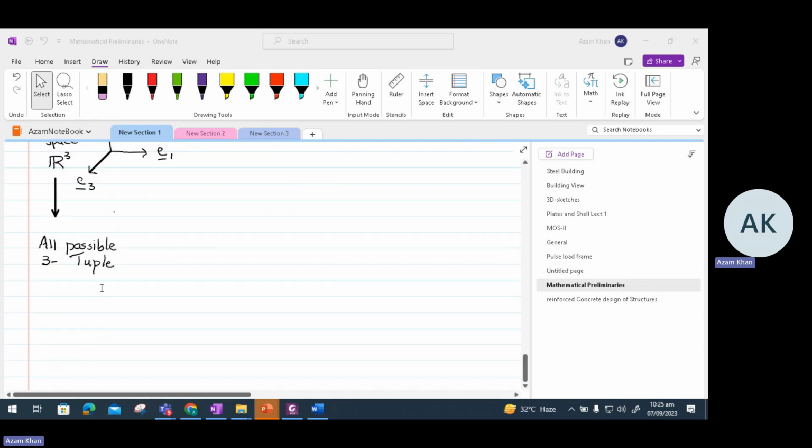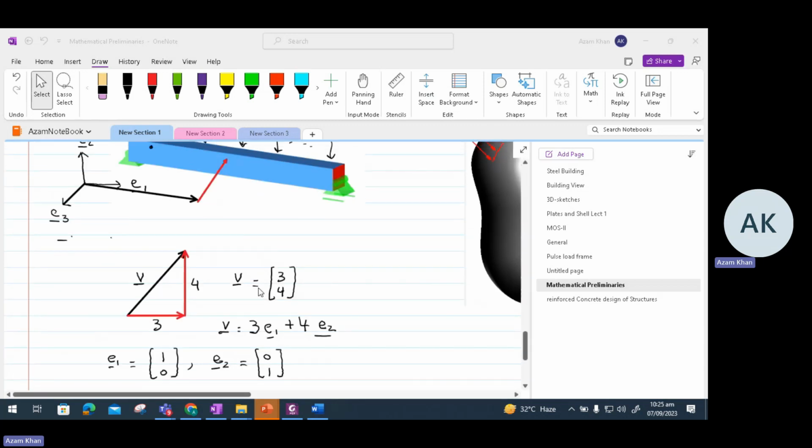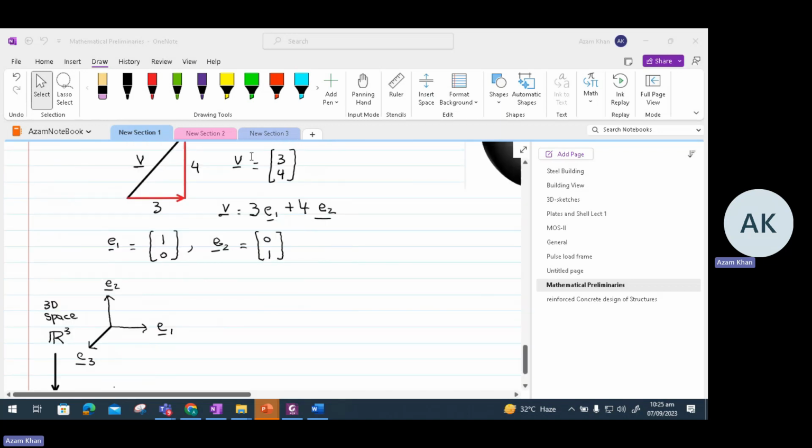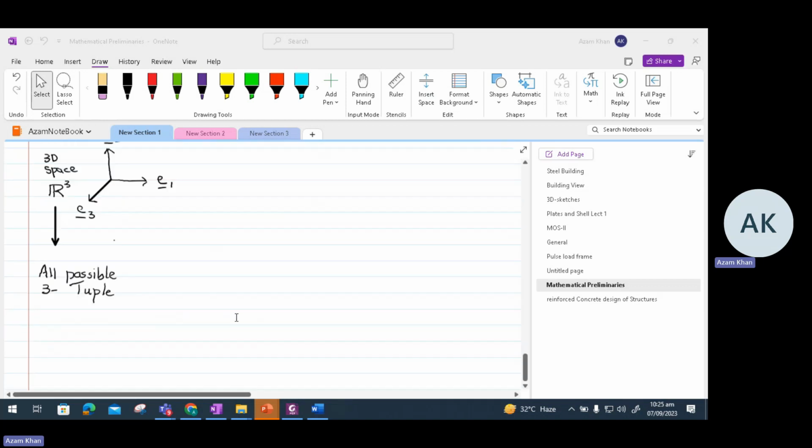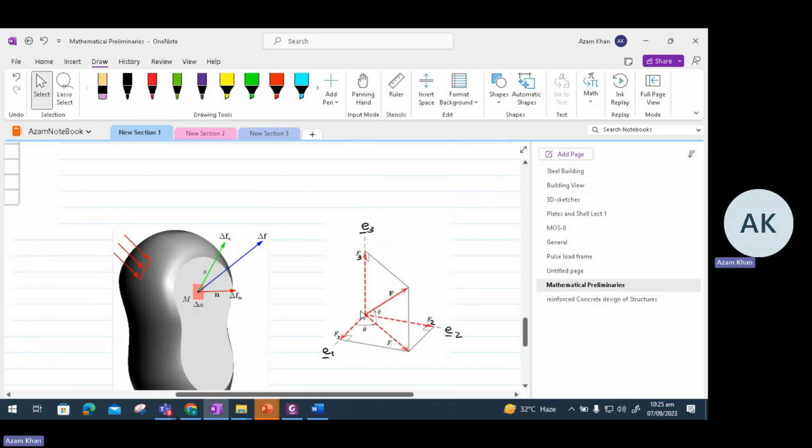A tuple is actually an ordered list of numbers, or in other words, an array of numbers. This is just a fancy way of saying that a vector has components. So instead of components, we can use tuple. For example, if we have a force defined in a 3D real space, then we can say that this force is a 3-tuple. In other words, it has 3 components in the orthogonal directions.